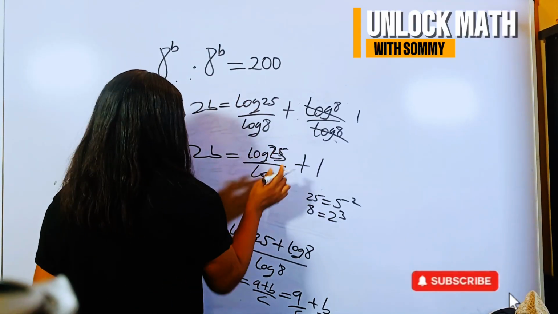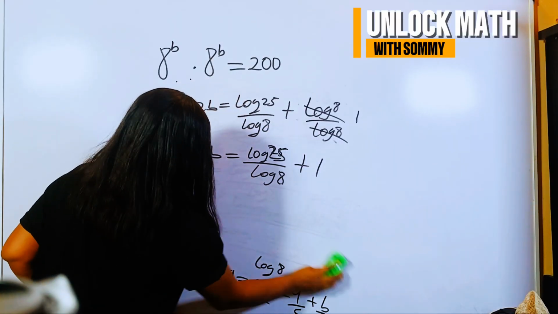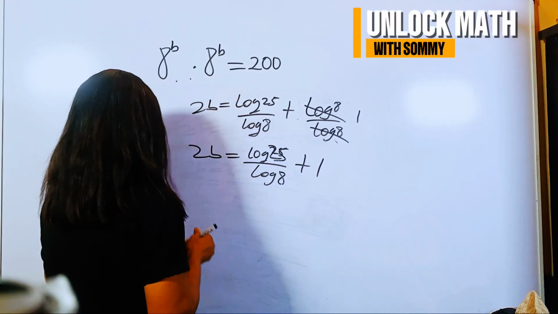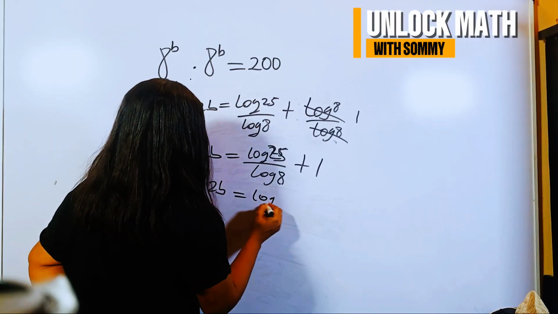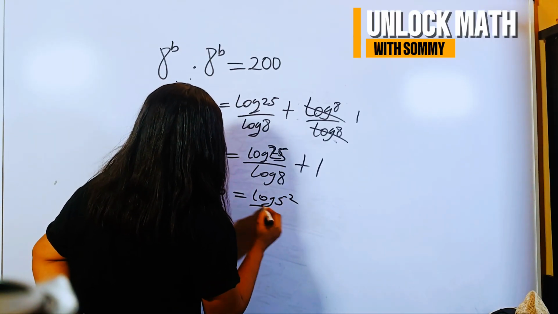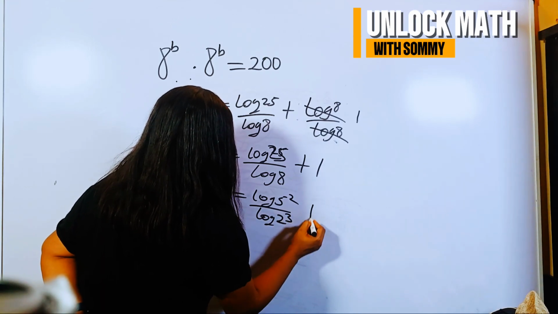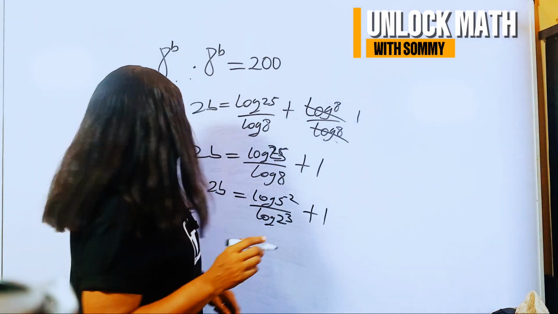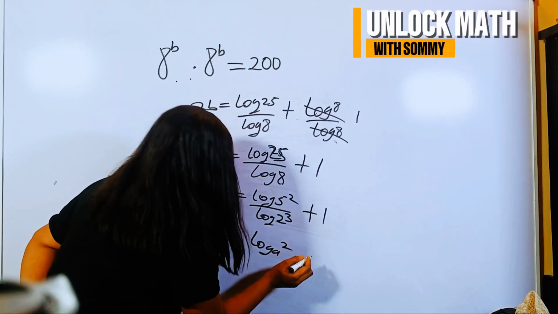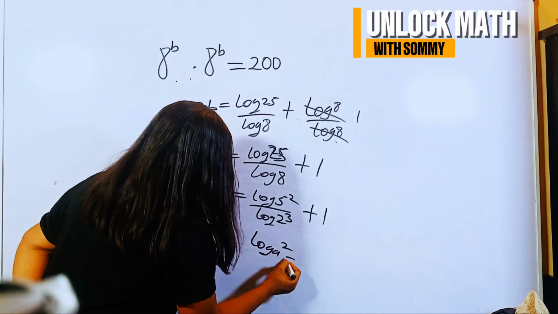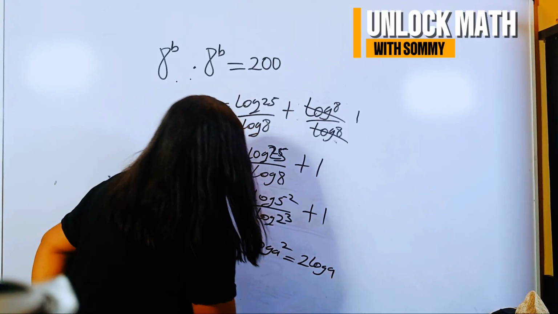If we apply this here, we now have 2b equals log 5 raised to the power 2 divided by log 2 raised to the power 3 plus 1. First law of logarithm says log a raised to the power 2 is the same thing as 2 log a.